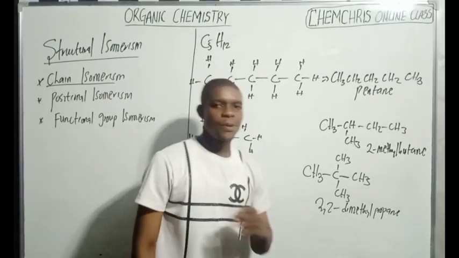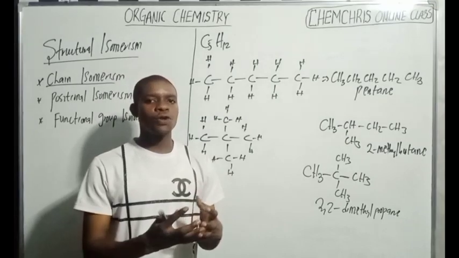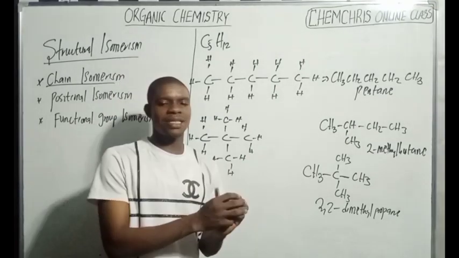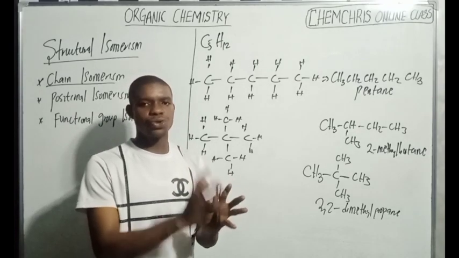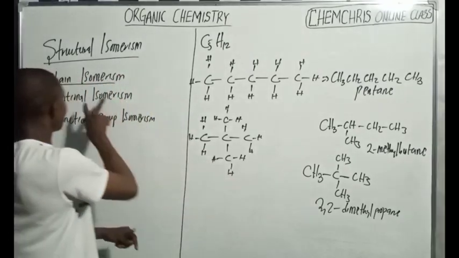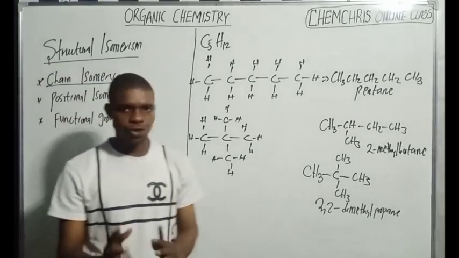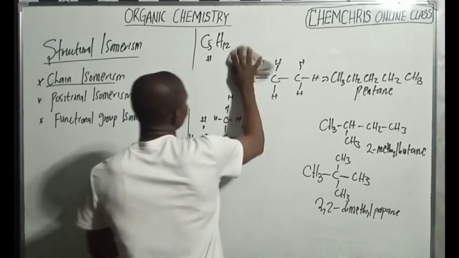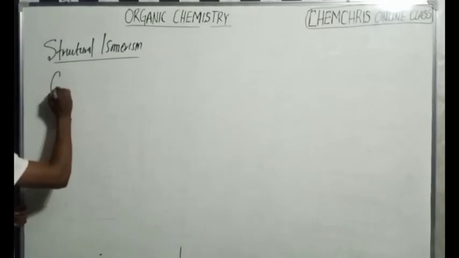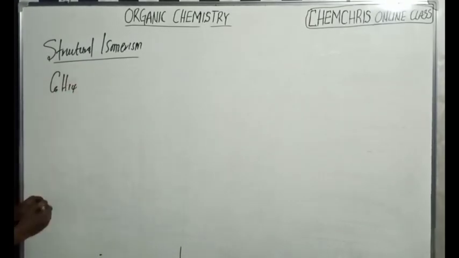Do you understand? Now, I want us to look at hexane, C6H14. From there, we are going to confirm a formula you can use to get the number of isomers. Do you understand? So now let's move to C6H14, right?